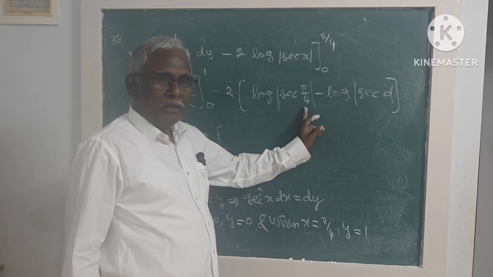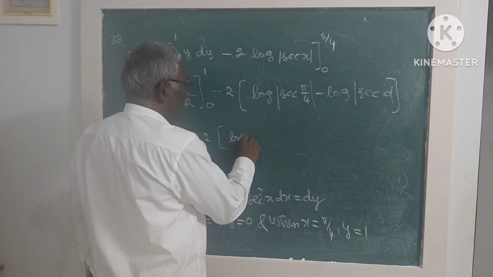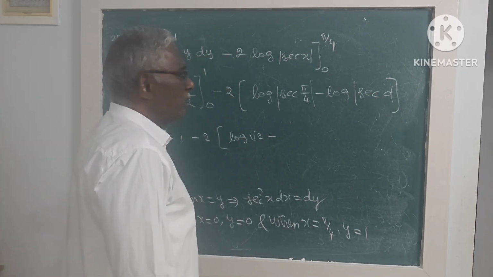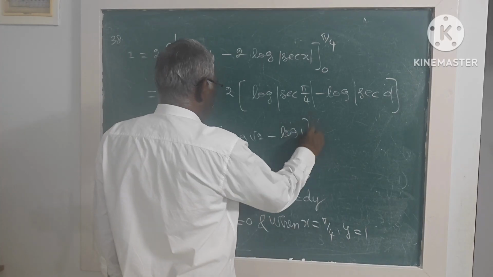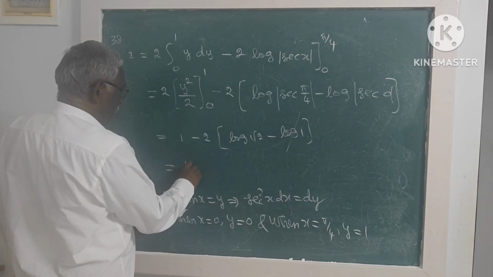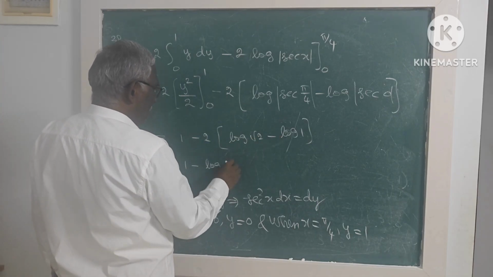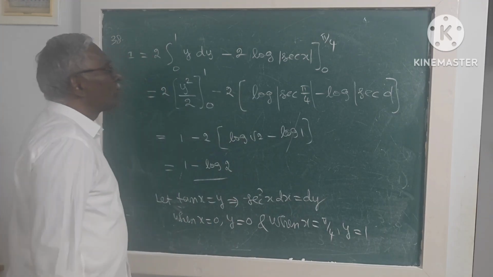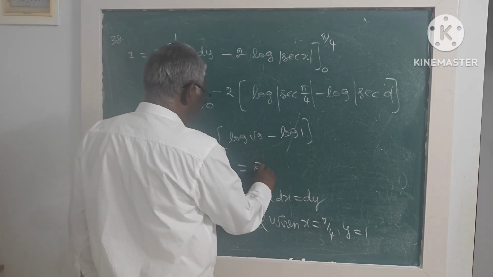Cos 45 is 1 by root 2, so secant 45 is root 2, so log root 2, minus secant 0: cos 0 is 1, secant 0 is also 1, so log 1, which is 0. So this becomes 1 by 2 minus log root 2, which is 1 by 2 minus half log 2. This is equal to RHS.